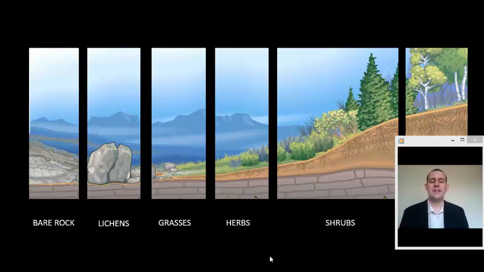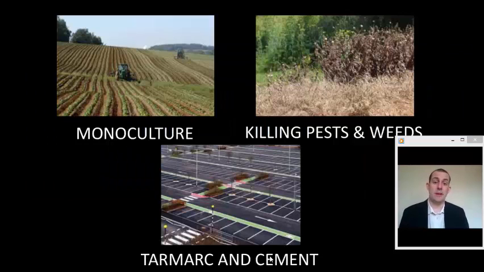Humans, on the other hand, tend to decrease biodiversity in a particular area, and it's only recently we've been noticing the importance of it and trying to counter this. One good example of this is monoculture, where we grow one crop over a very wide area, acres and acres, with just, say, rows and rows of cabbages. Because of this, you've only got one type of plant.